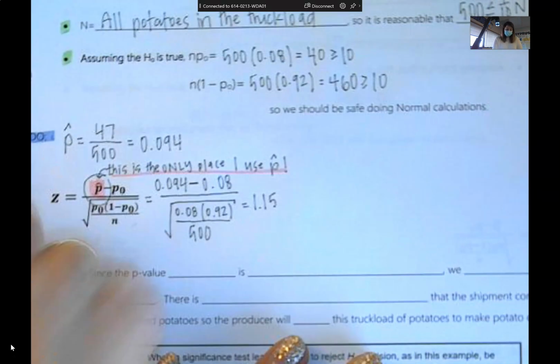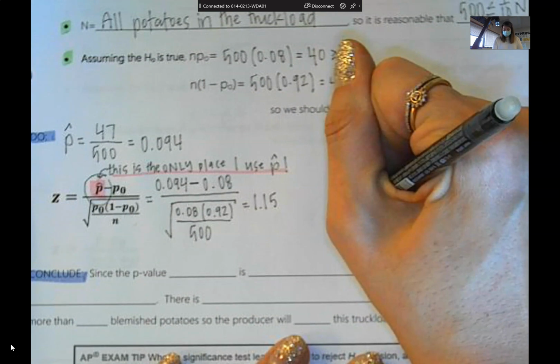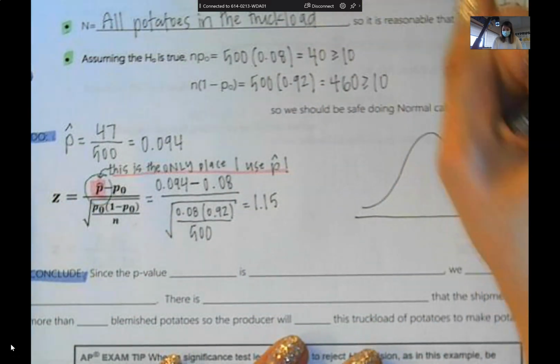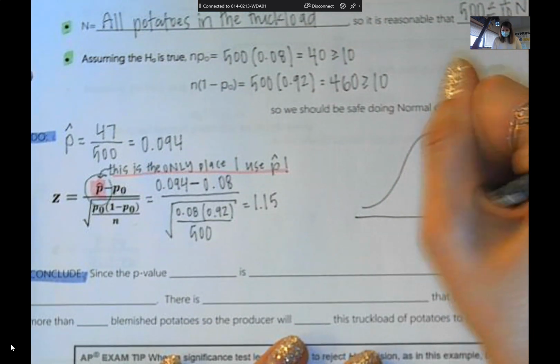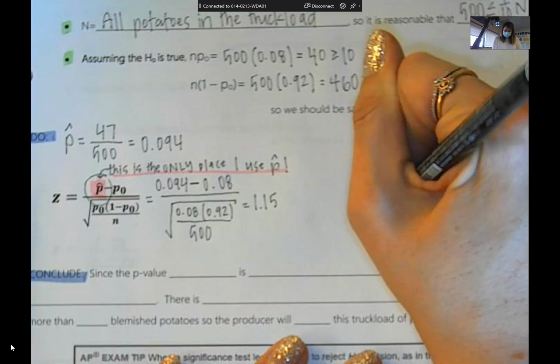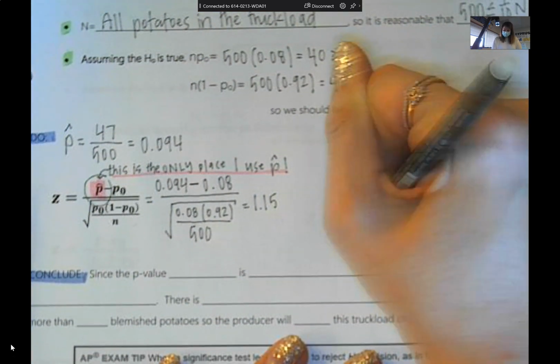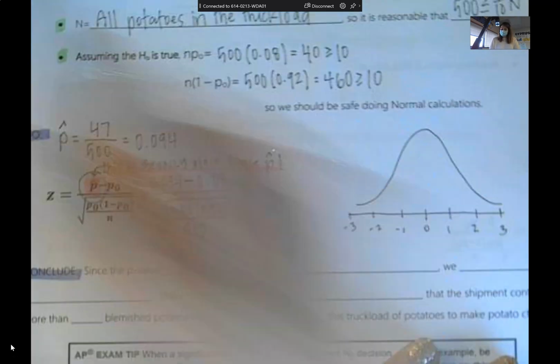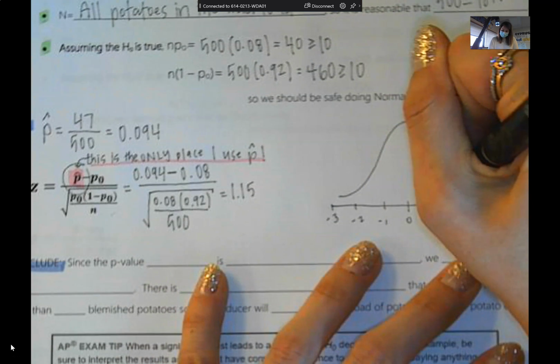So what that looks like in terms of a normal curve. Zero's in the center. Our sample value ended up being at 1.15.